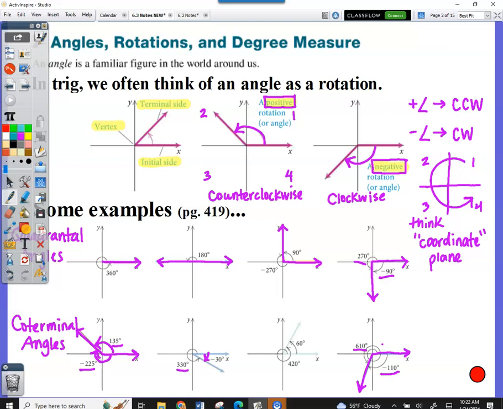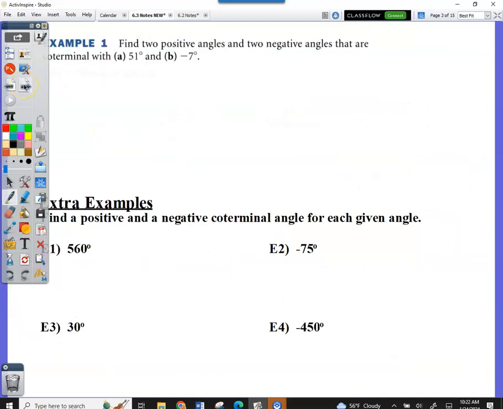Go to the next slide. All right, find two positive angles and two negative angles that are coterminal with 51 and negative 7. Remember, coterminal means angles with the same terminal side.